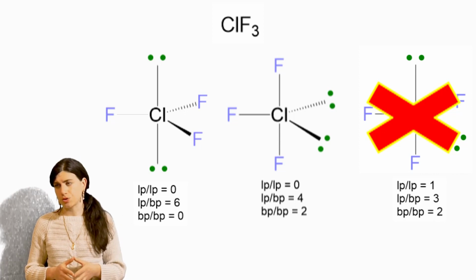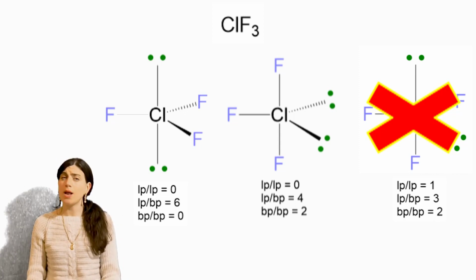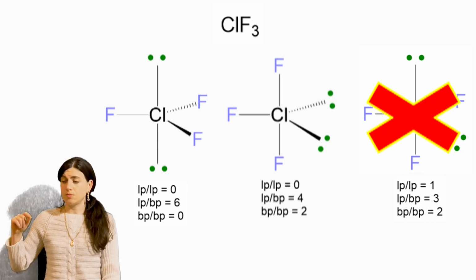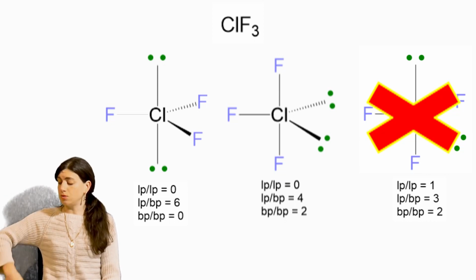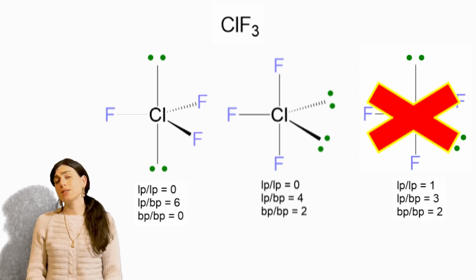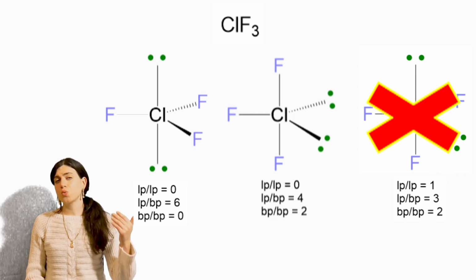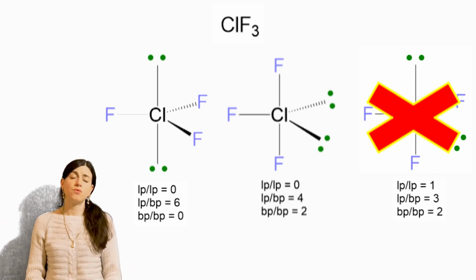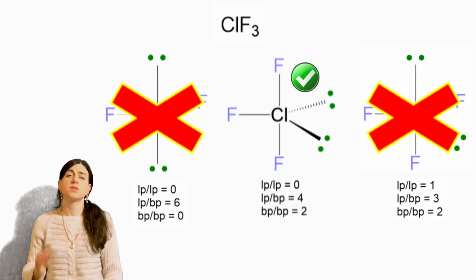For the first structure we will have 6 of them, and for the second structure we will have only 4 of them, because each electron pair in the equatorial position will repel at 90 degrees with the two bond pairs in the axial position. So as you can see, we have already the answer, because in the first structure we have 6 of these repulsions, whereas in the second one we have only 4. This means that our second structure is the most stable one.